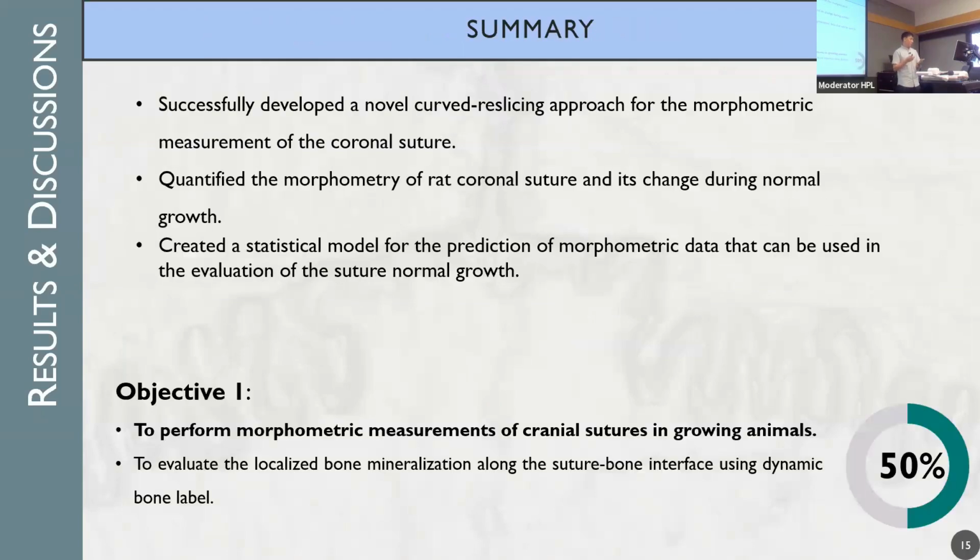In summary, we developed this novel approach, quantified the morphometry of the rat coronal suture, and created a predictive model. With this study, half of objective one was fulfilled.